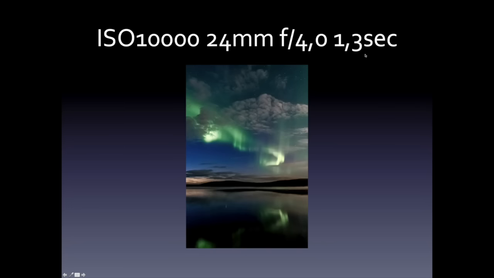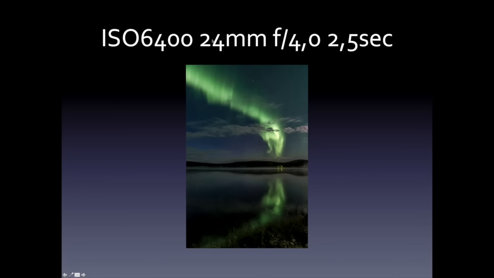It means that if I would take ISO 3200, then I would need 5 seconds. So that's the idea of how you change ISO and seconds. And if you have ISO 1600, then you should have 10 seconds to get the same exposure as in this photo.